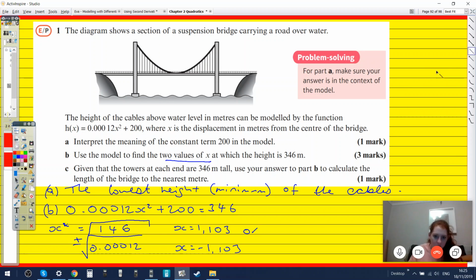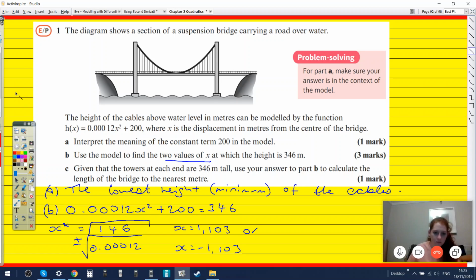And part C. Is this the same as the maximum and the minimum? No. Totally different. And you might need the diagram for it. The towers at each end are that tall. Use that to find the length of the bridge.